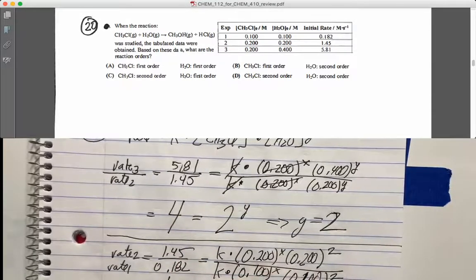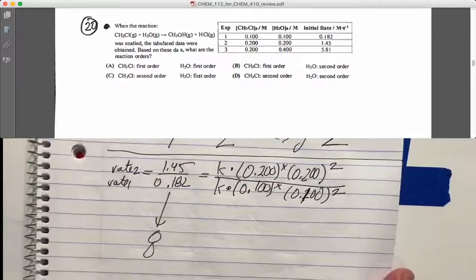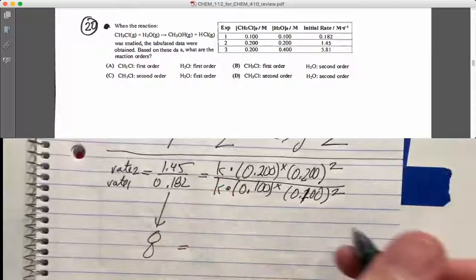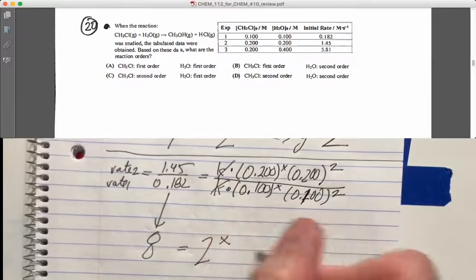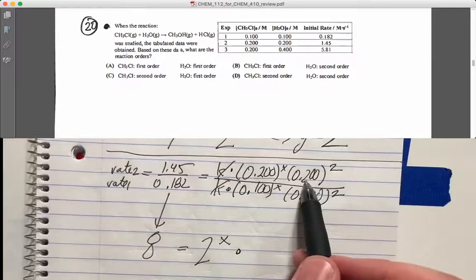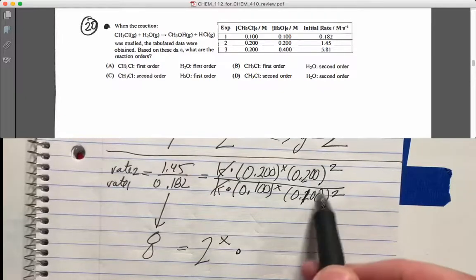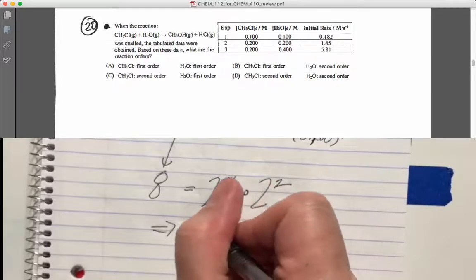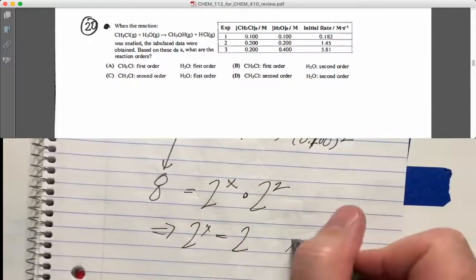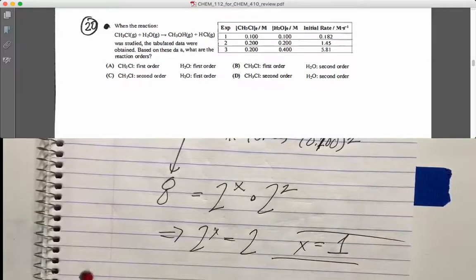This left side here ends up being 8. And then the k's are going to fall out. And so I get 2 to the x times 2 to the 2. Therefore, 2 to the x is equal to 2, and x is equal to 1. Okay, so this reaction is first order in methyl chloride, and it is second order in water. So that would be option B.